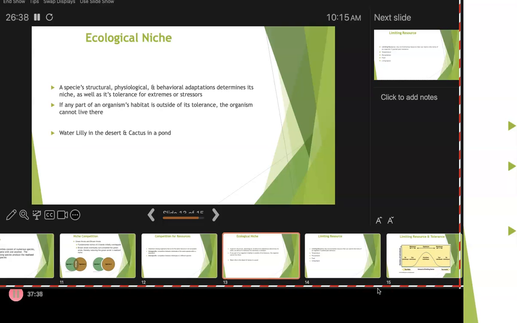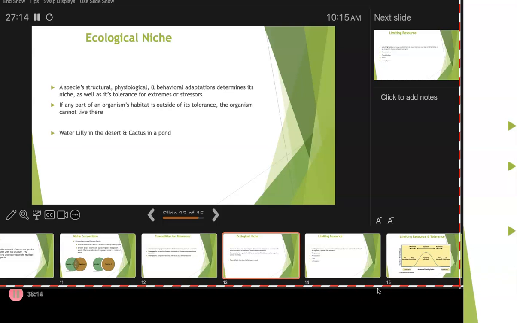Ecological niche. A species' structural, physiological, and behavioral adaptations determine its niche as well as its tolerance for extremes or stressors. Now, again, I cannot emphasize enough that adaptations doesn't mean changing, because that is exactly how we use it every time we use that word.